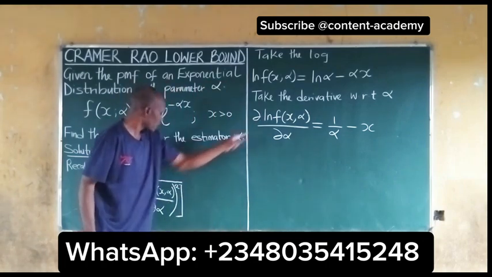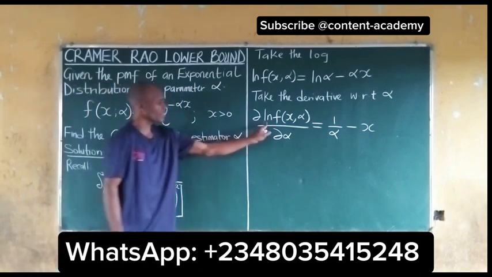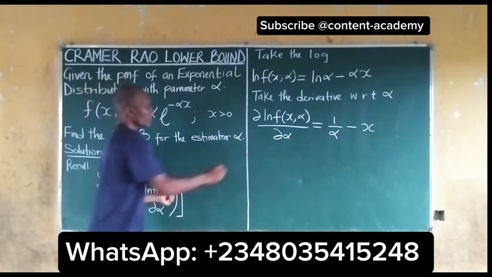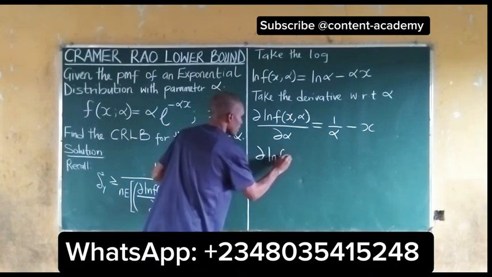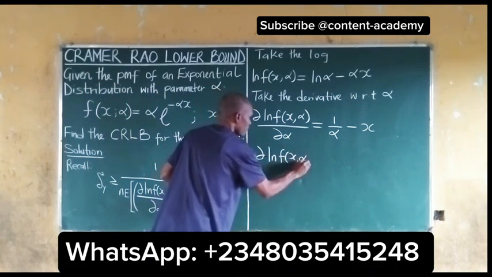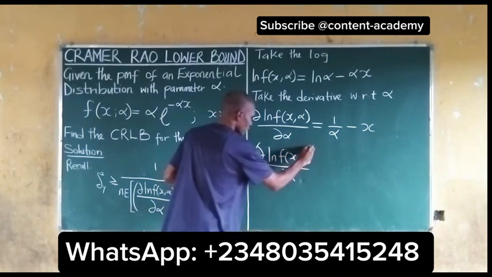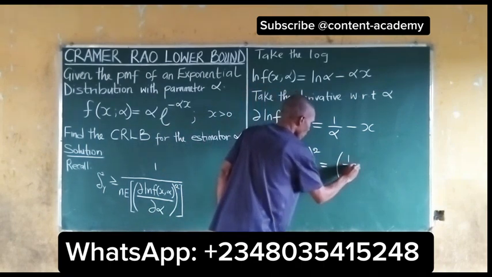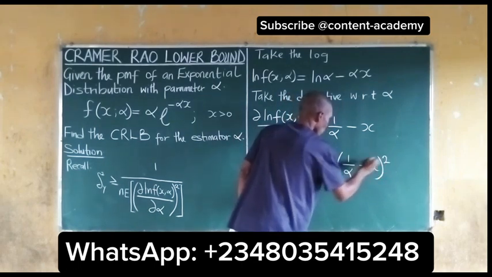Now, if you compare this, you see that you have everything inside here. The next thing is to take the square. That means this square. So we have f of x, alpha onto this square, which is 1 all over alpha minus x, squared.